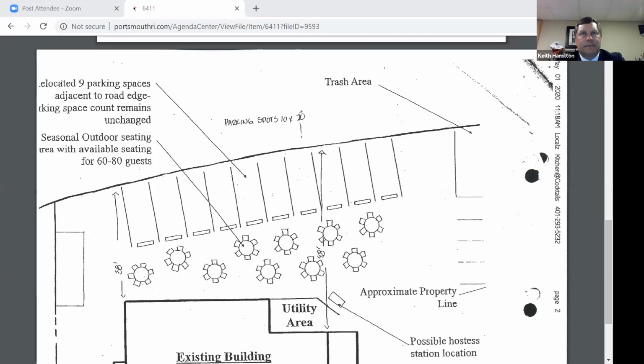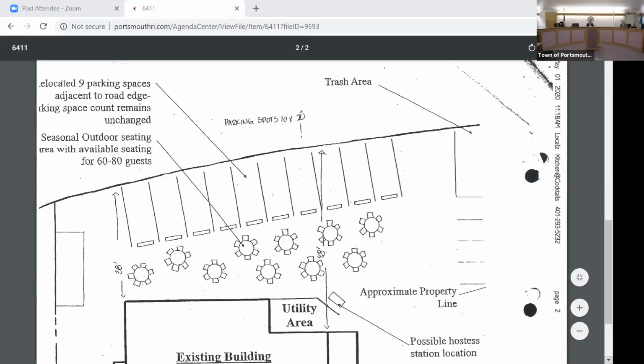Mr. Katzman? Aye. Mr. Kelly? Aye. Dr. Ryan? Aye. Mr. Aguilar? Aye. The motion passes 7-0.